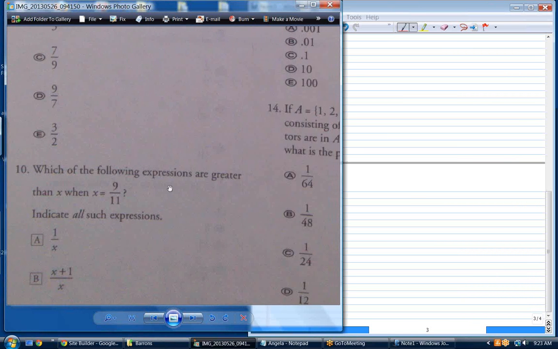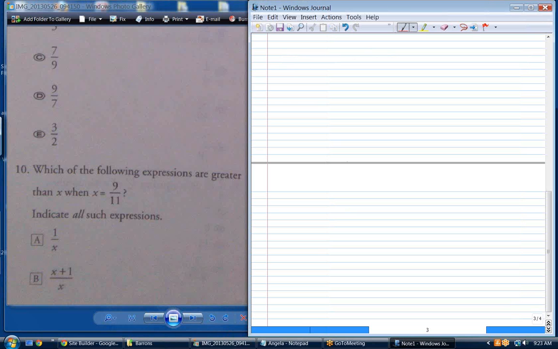There's a C here. Let me look up what C is. On number 10, there is also a C that is x plus 1 over x minus 1.